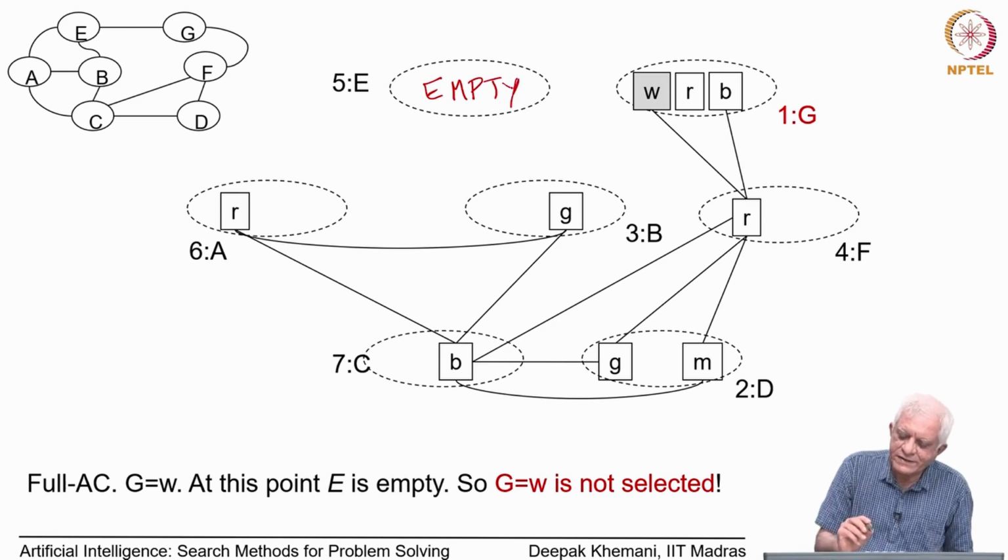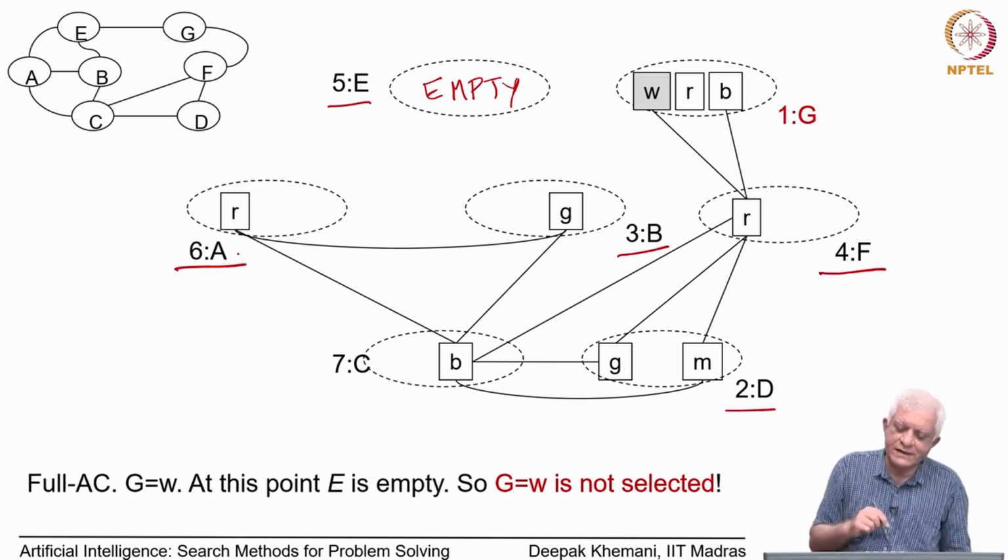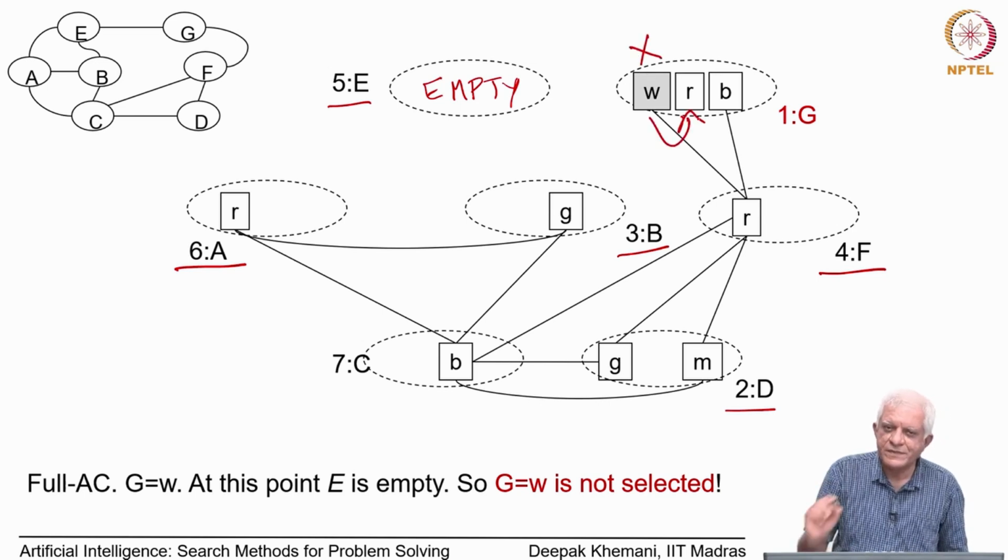So, full AC will not even venture into assigning values for the second variable, third variable, fourth variable, fifth variable, and sometimes 6 variables, which forward checking ended up doing. Simply by a process of reasoning, it has decided that this will not work. So, it goes and picks the next value.